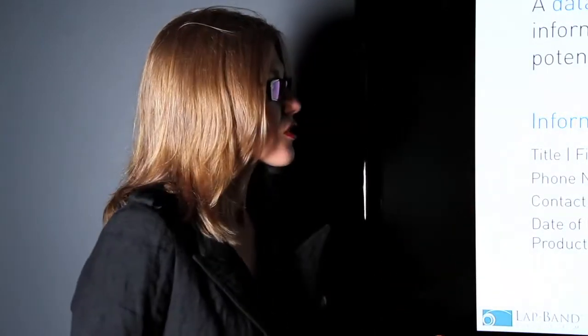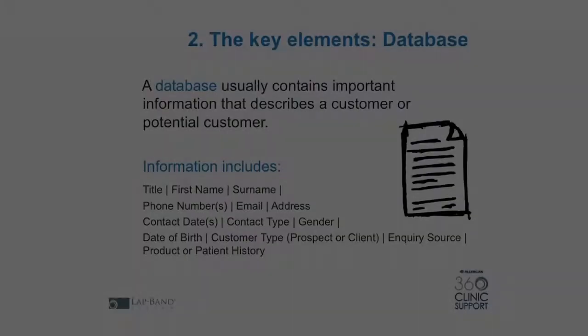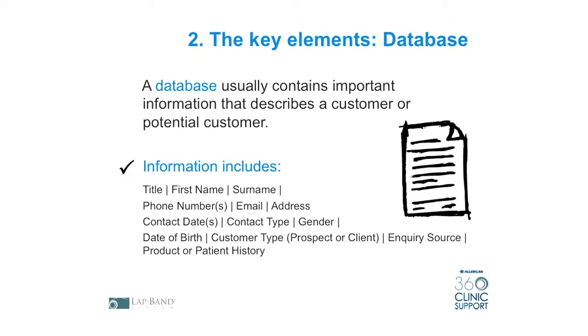The database usually has all of the important information about a customer or a potential patient, and it should look at how a patient progresses over time. So everything from their first phone call to their first information session to their appointments to their first adjustment to their second adjustment, and some of the consulting sessions in there as well. It's a complete record about an individual.